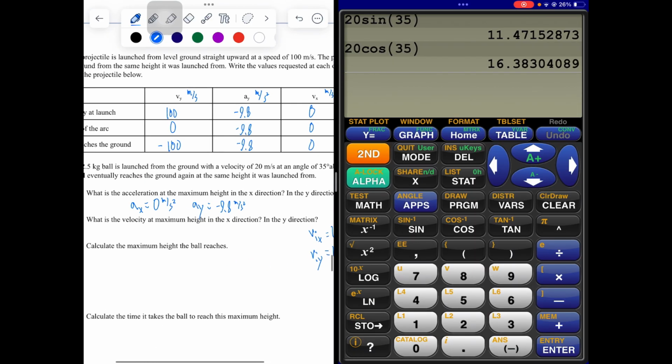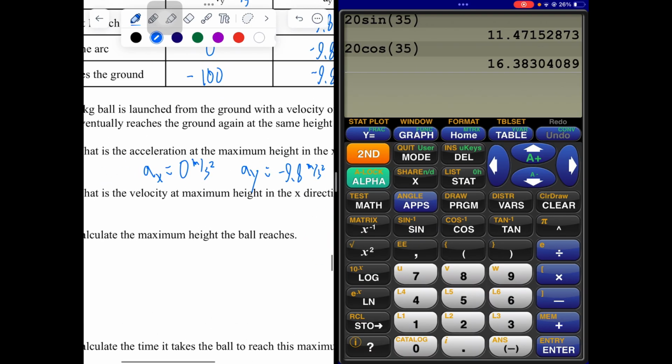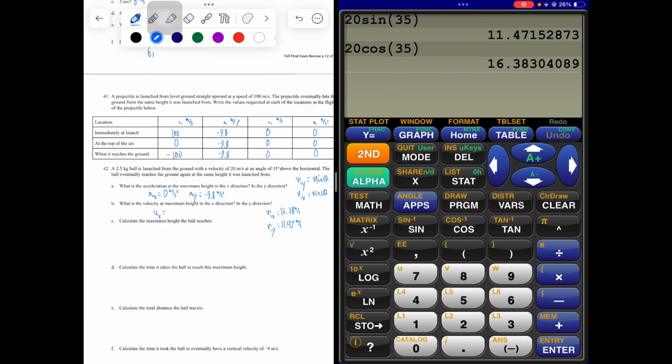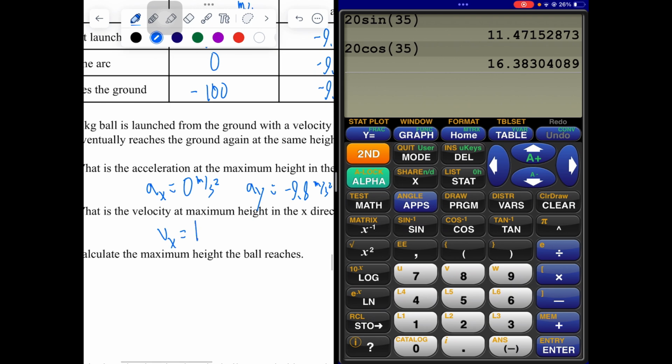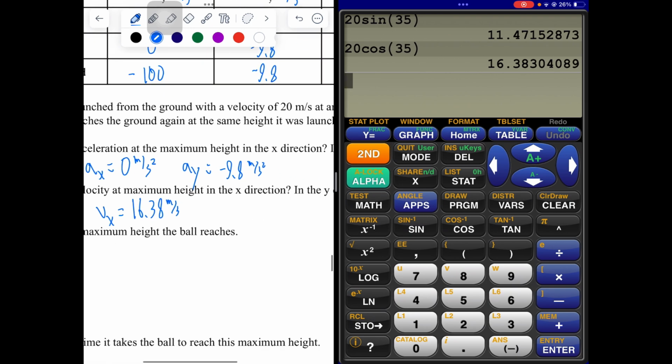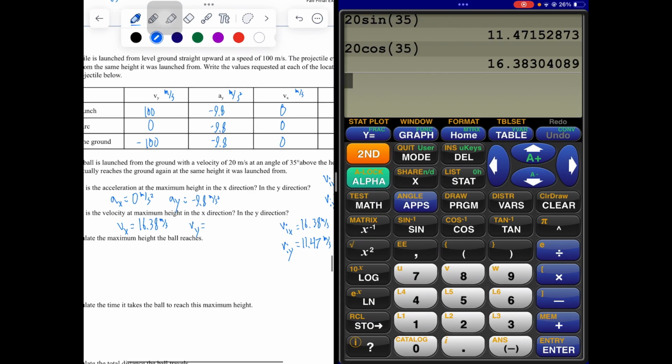At the maximum height in the x direction, well, there's no acceleration, so the velocity at the maximum height in the x direction is still 16.38. The velocity in the y direction at the maximum height was at the peak, so that would be 0. Not moving up, not moving down yet.